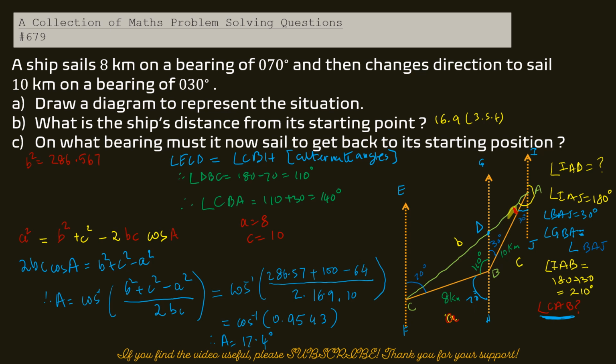So angle CAB, if I use three significant figures, I would get 227 degrees. So on bearing, it must sail 227 degrees.